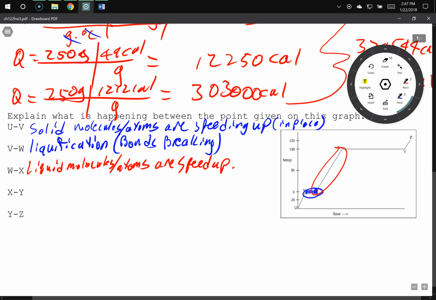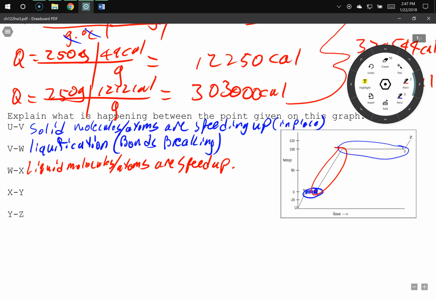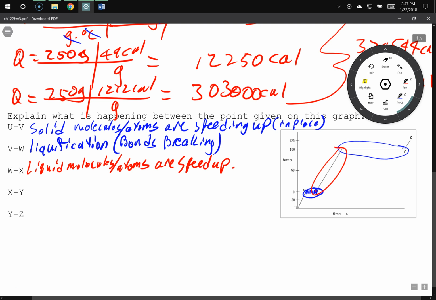And then here. Okay. What's my problem with that? Vaporization. It's kind of hard.